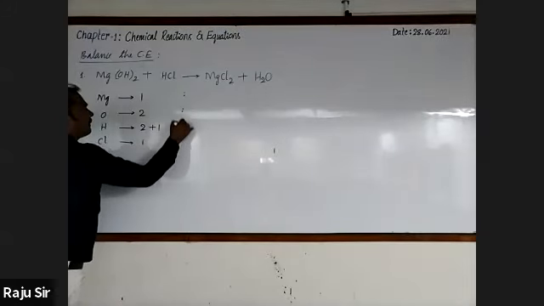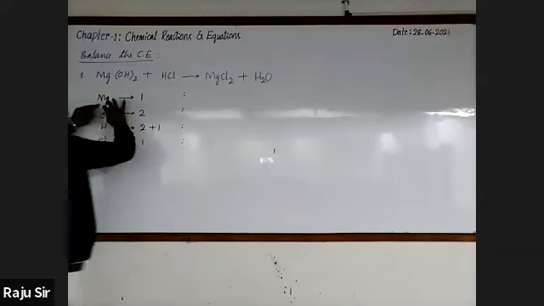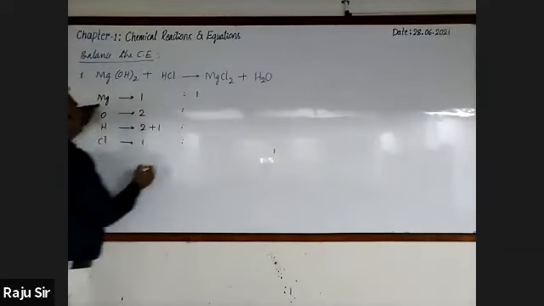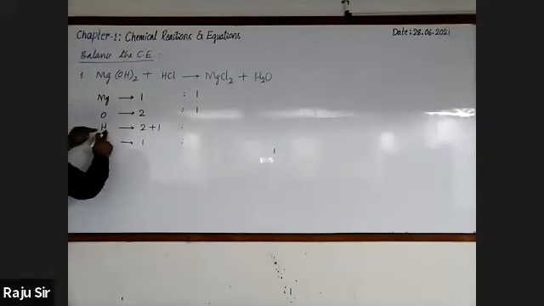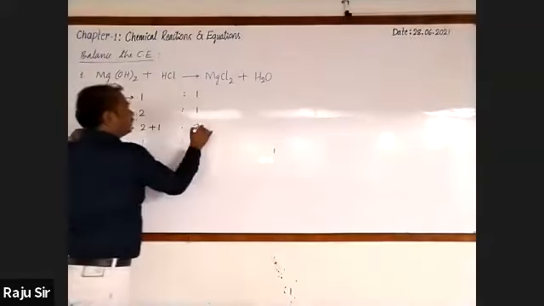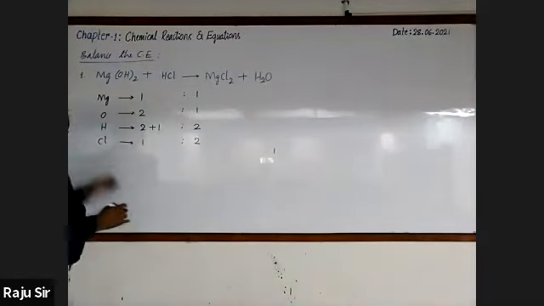Similarly, on the product side, magnesium has 1 atom, oxygen has 1 atom, hydrogen has 2 atoms, and chlorine has 2 atoms.